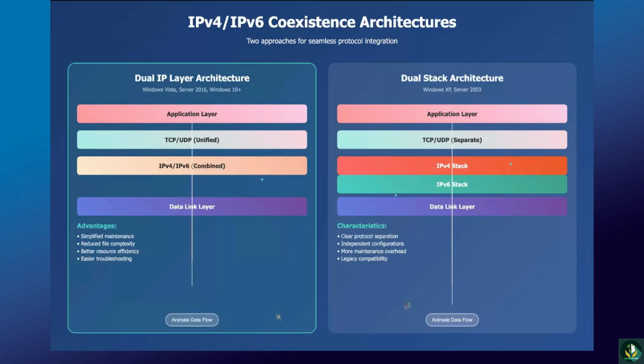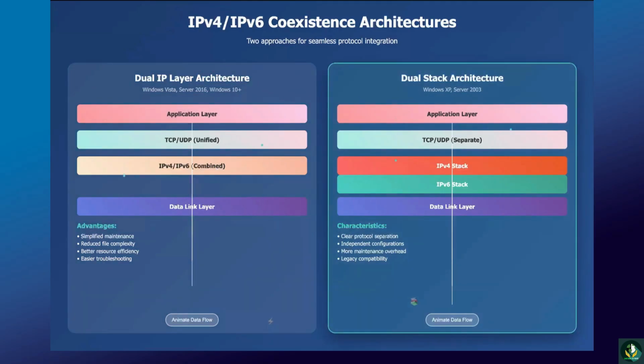It combines IP version 4 and IP version 6 layers with a single implementation of transport protocols like TCP and UDP. It simplifies migration to IP version 6 by reducing the number of files to maintain. And there is also dual stack architecture.